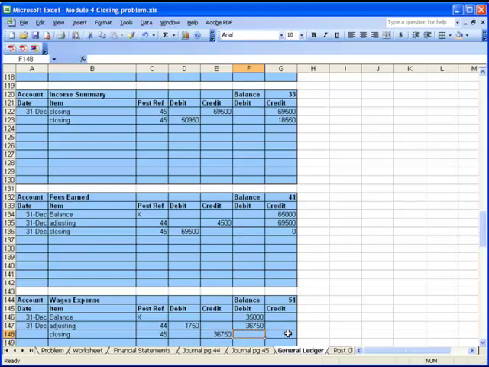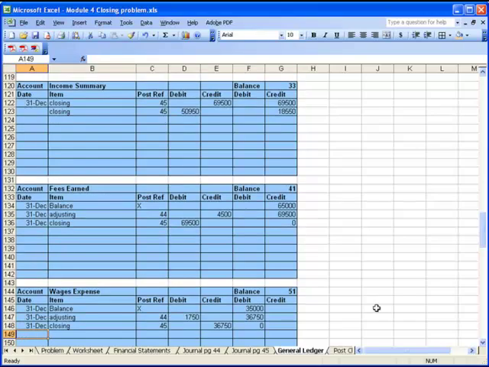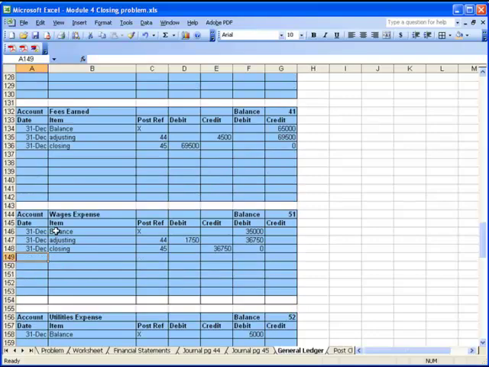That makes our new balance: we had a debit balance of $36,750 before, with a credit entry of $36,750. That makes our new balance in our expense account 0. Go ahead and put the date in here. And here we see an account where we have 3 different entries, and we've used the item column for 3 different reasons: a balance forward, an adjusting entry, and a closing entry.